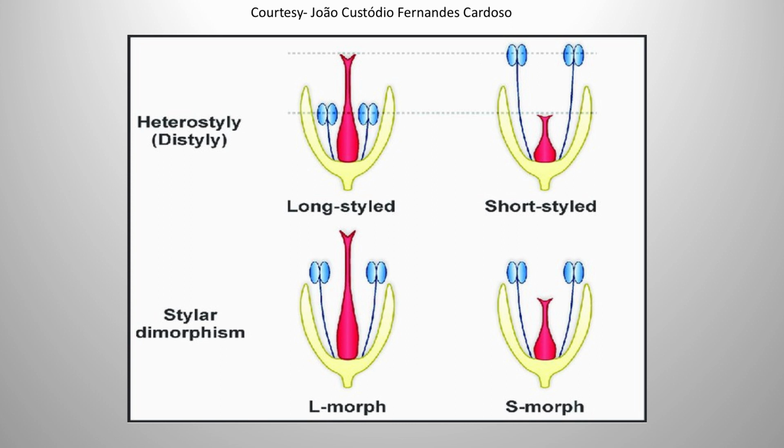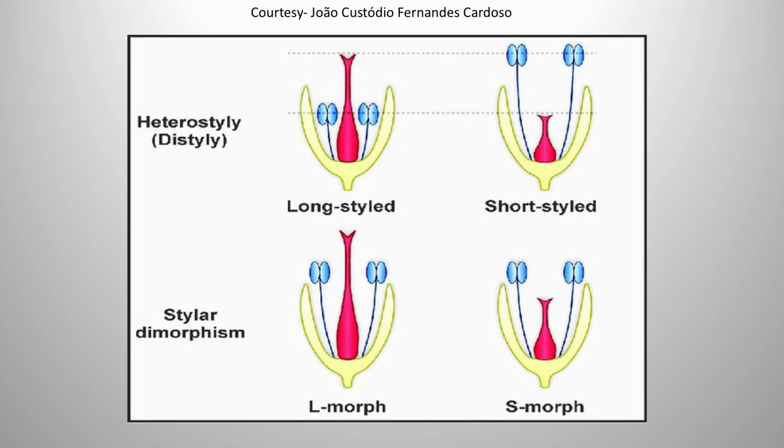The first one is a distyle condition, where in one picture you will find long style and in another picture you will find short style. Naturally, in these flowers, in this kind of plants, the chance of cross pollination is more. So, stylar dimorphism also you can see, the long morphological condition and short morphological condition.